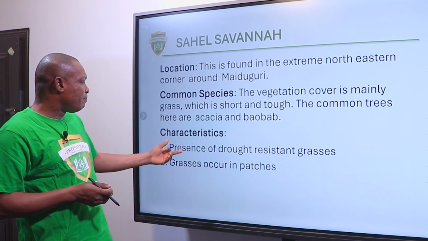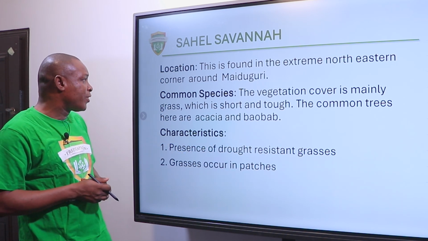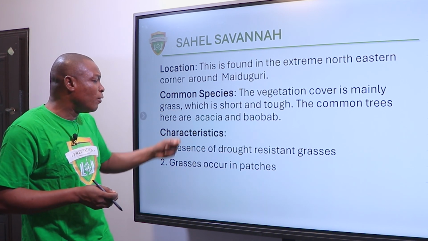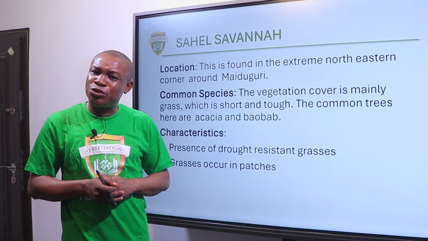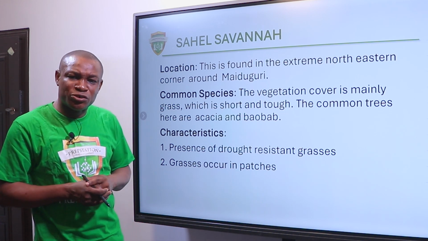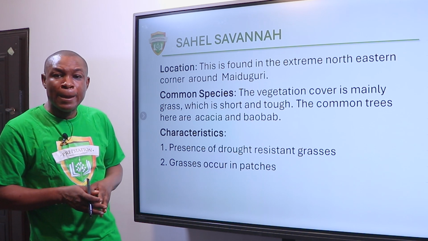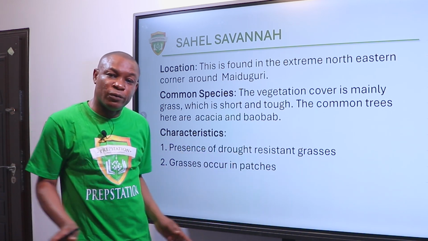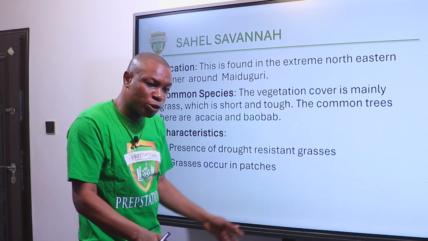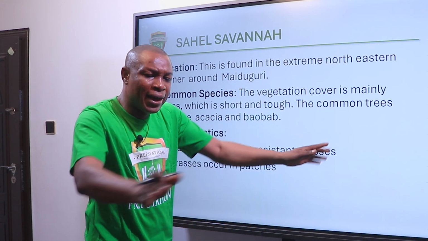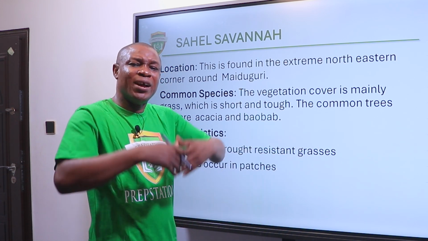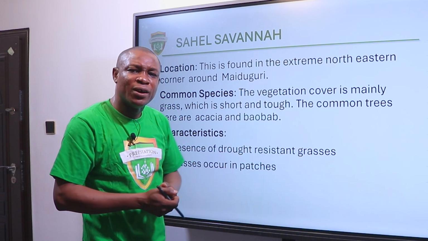A characteristic of this savanna belt is the presence of drought-resistant tree species. And the grasses occur in patches. You don't have a large expanse of grass. You have a particular portion of grassland, and then you see a bare surface, and then you see another patch of grassland.